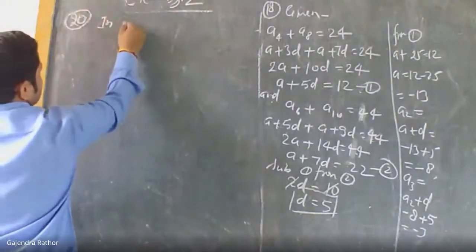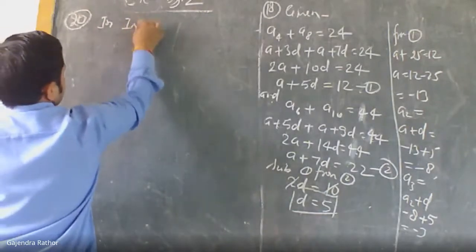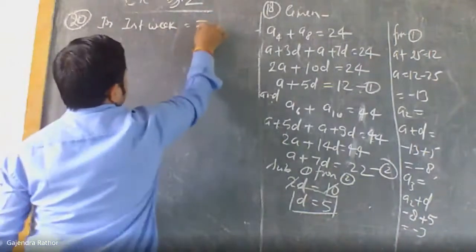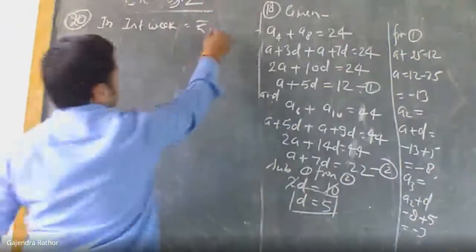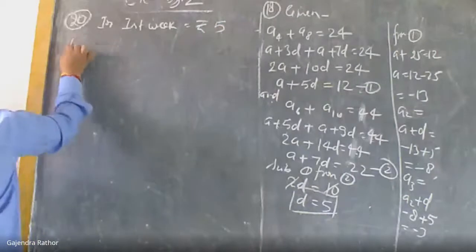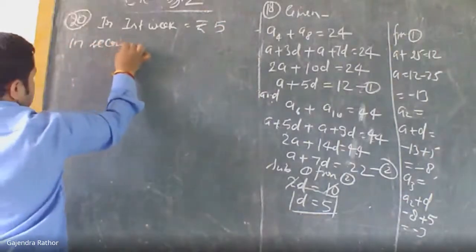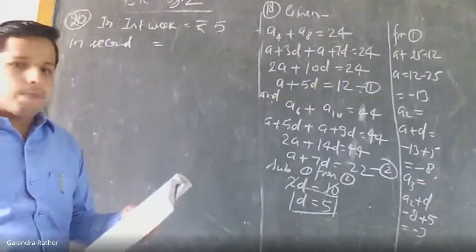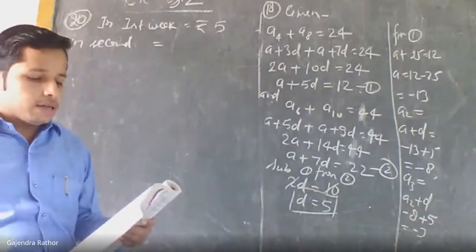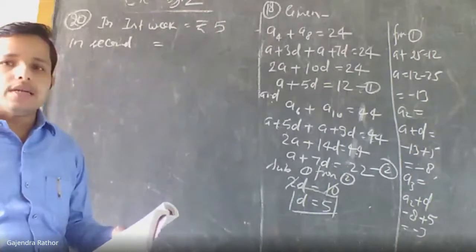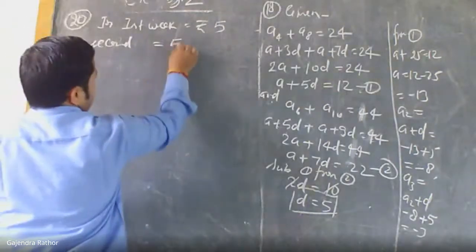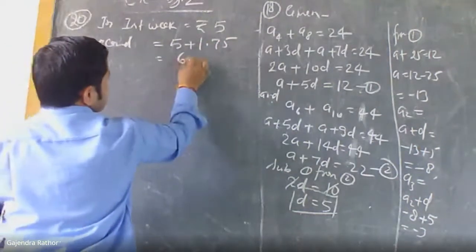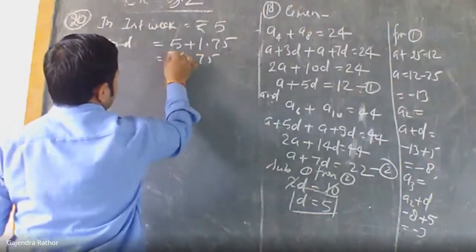In the first week, what is the saving? Rupees 5. Now in the second week, what is the saving? 5 plus the increase of 1.75, so 5 plus 1.75 is equal to 6.75 rupees.